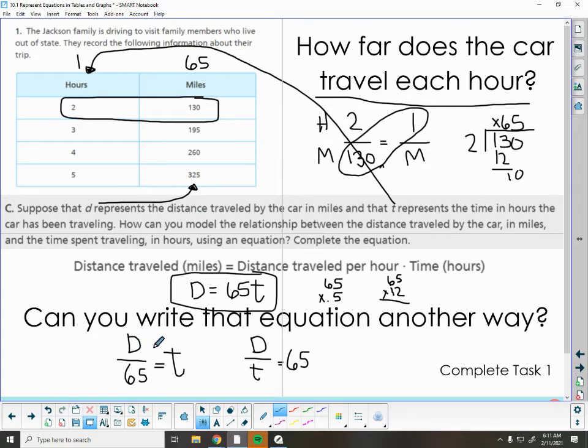That's the total. So we've got to keep that D separate and on top. This is our total. So you're taking your total and dividing. When we multiply, it gives us the total. So go ahead and complete task 1, and then come back when you are ready to do task 2.